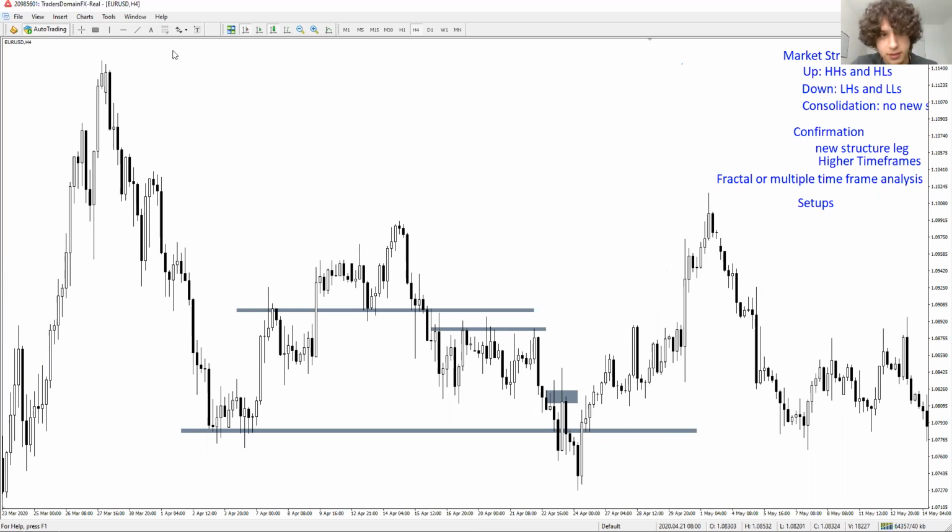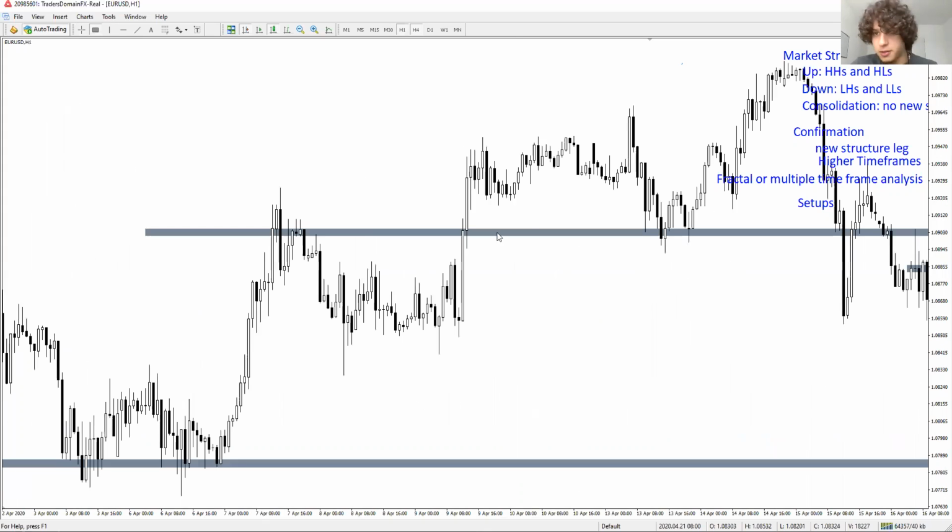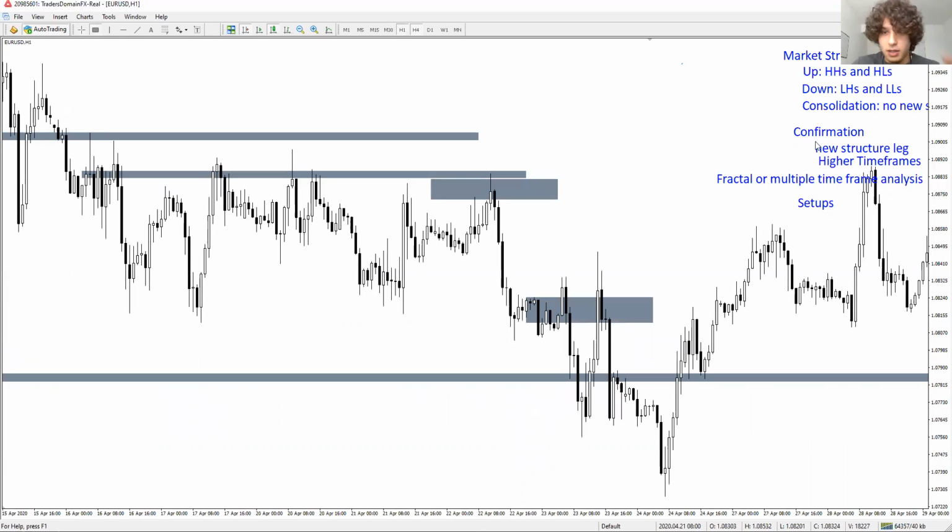But like I said, price making a lower high, right? These lower highs. So we're going to go to the 1 hour. So seeing the big picture, right? The market structure, confirmation, new structure legs. Let's see what happens here. Price comes up, right? And actually overnight, we had this choppy little, and this is the 1 hour chart.